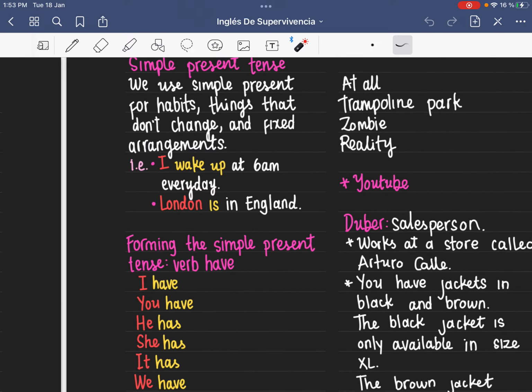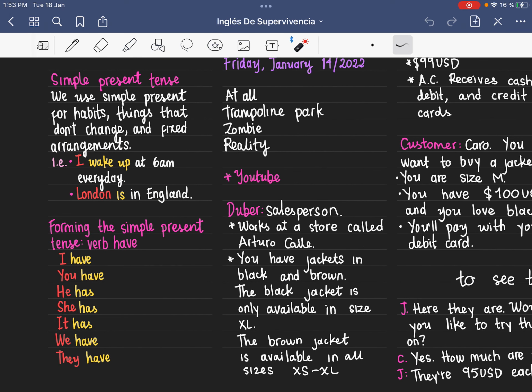Okay, so let's begin with when do we use simple present? What do we use it for? Entonces vamos a empezar con entender cuándo usamos presente simple o para qué lo usamos. Entonces, we use simple present for habits, things that don't change, and fixed arrangements.